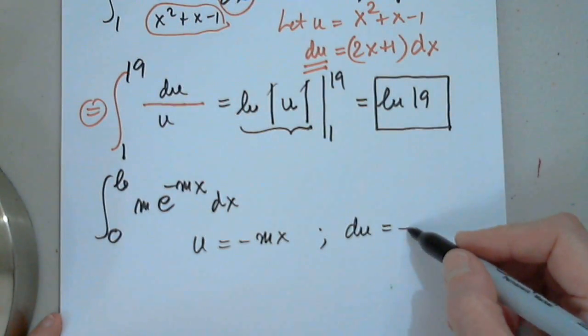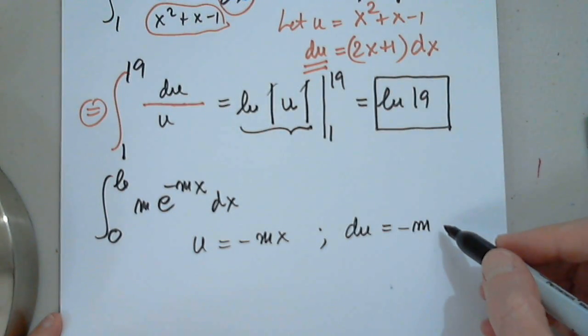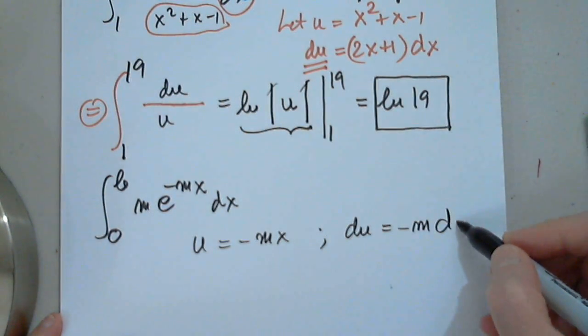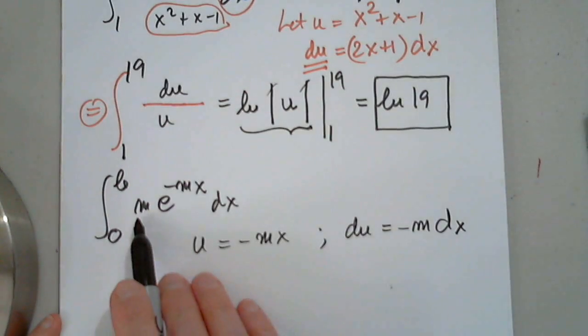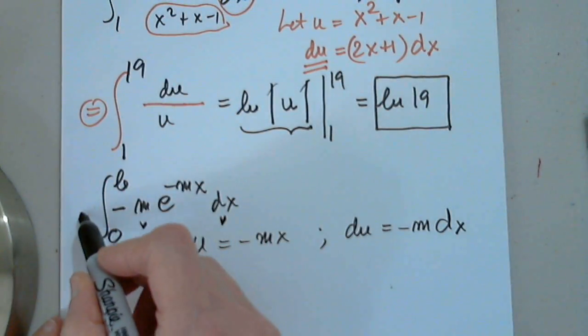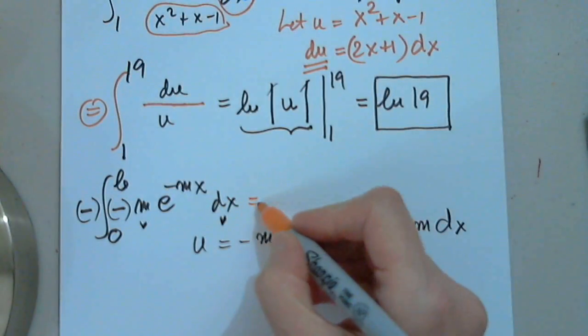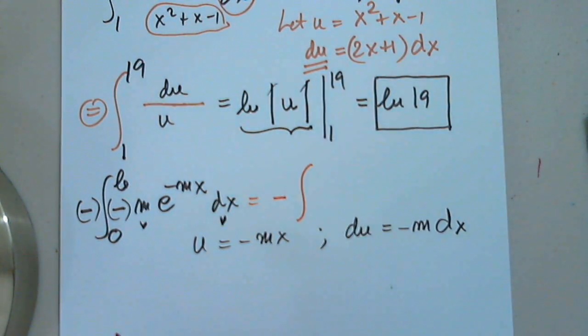This is just negative m. Careful. Du is not the derivative. And negative m dx. Exactly. Awesome. So I have the m, I have the dx, I don't have the negative. No problem. I multiply by negative 1 twice. So then I have a negative in front.